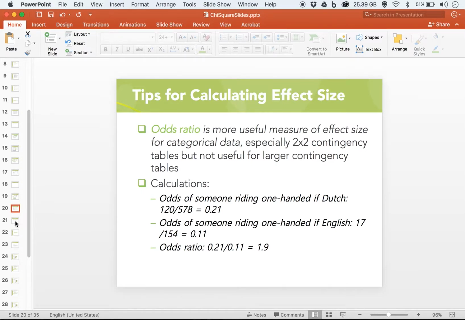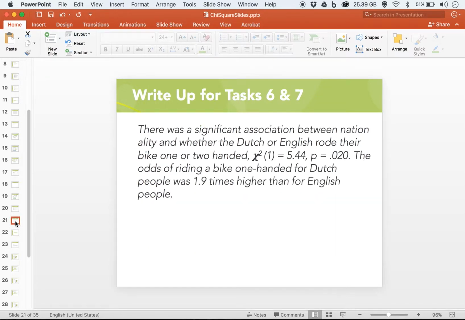Now this can be easily written up as one complete statement for the results of the chi-square test and the odds ratio. What we would say is that there was a significant association between nationality and whether the Dutch or English rode their bike one or two-handed. And we have the chi-square symbol, so we do the Greek symbol.